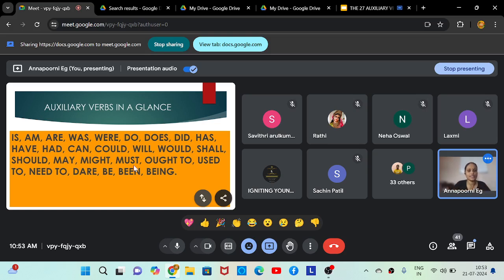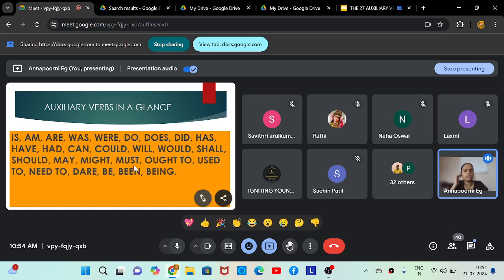So I used to play with the kitchen set during my childhood. That is a past habit. Now I'm not doing that. I don't have time. If I get time, I will surely play. Very honestly I'm telling. So here you can see used to is used to show a past habit.